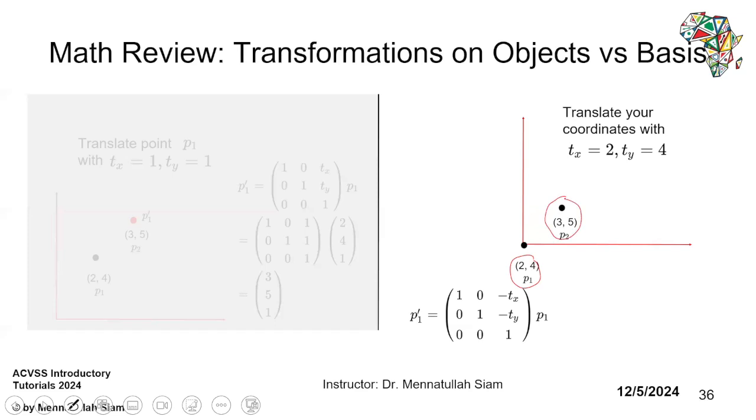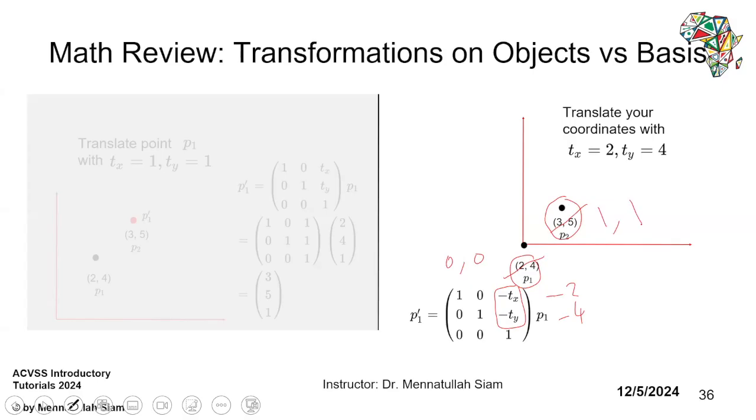Because we're transforming the coordinate system itself, not the points, everything will get translated by the inverse. So this will become 0, 0, right? Because we'll have here -2 and -4. And this one becomes 1, 1, right?